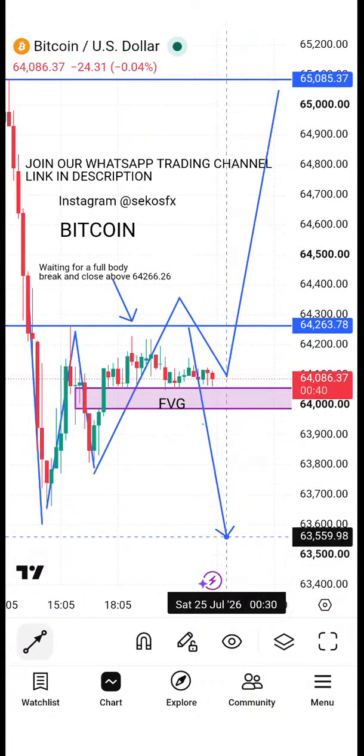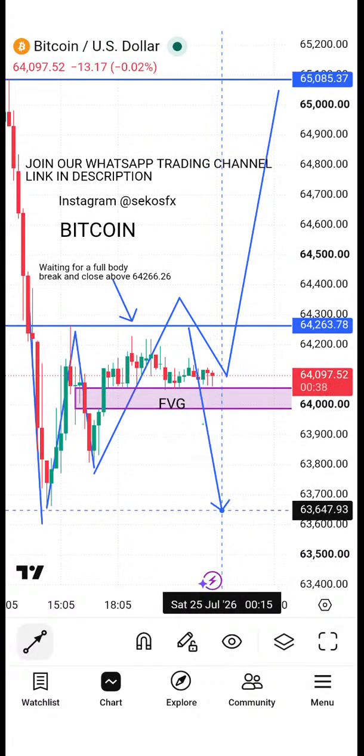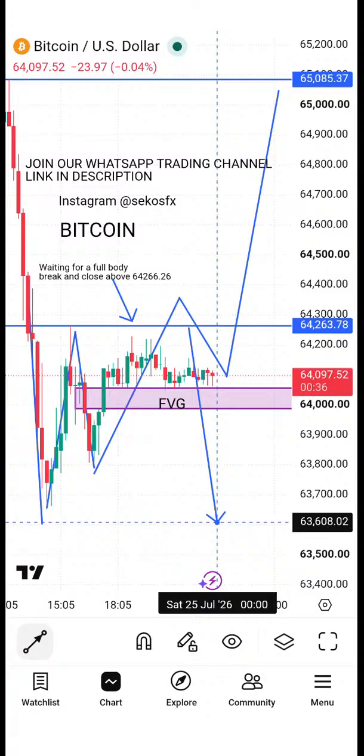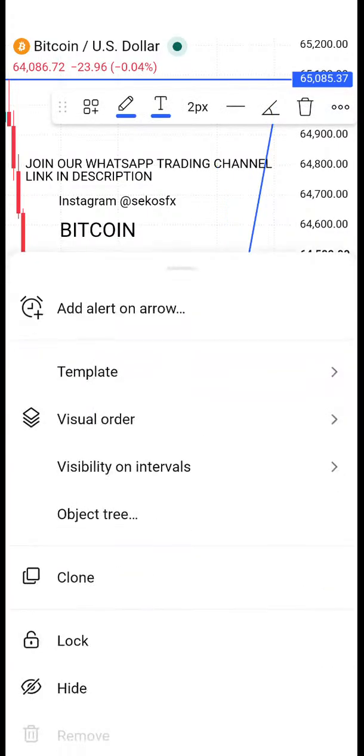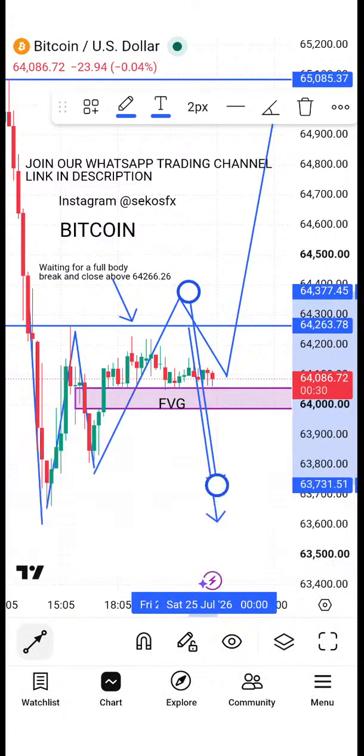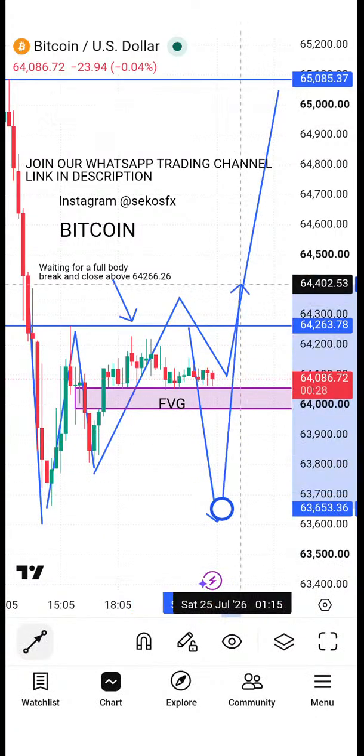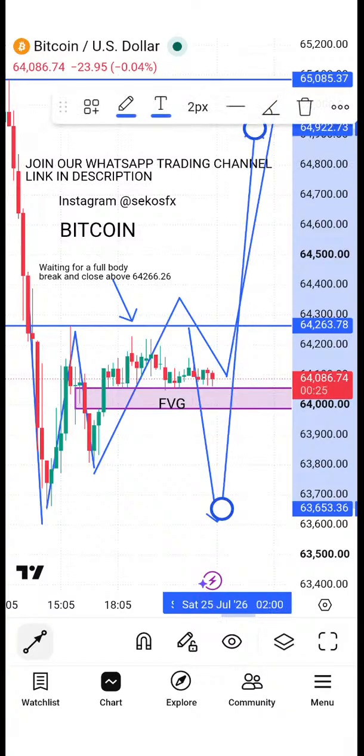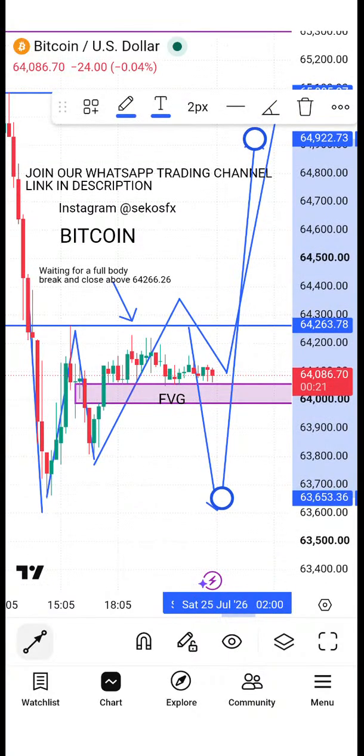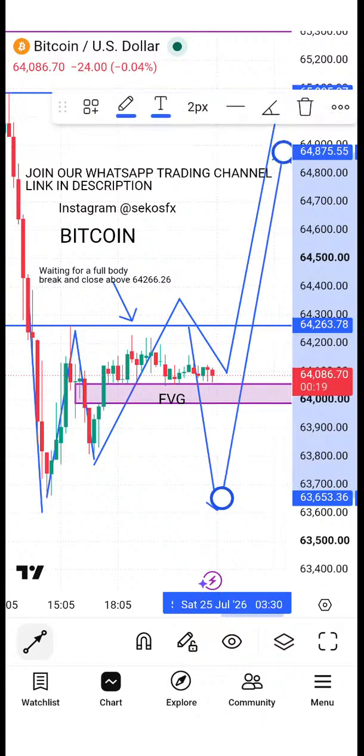If it goes down, it will just come around here, sweep liquidity, then from here go back up. Yeah, these are the two scenarios that can happen. It can come here, and from here shoot towards the upside.